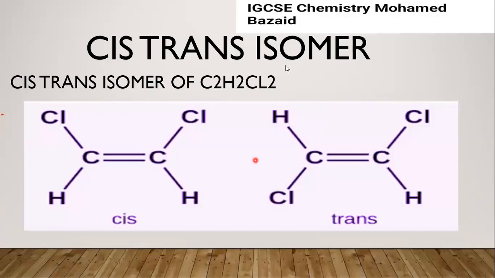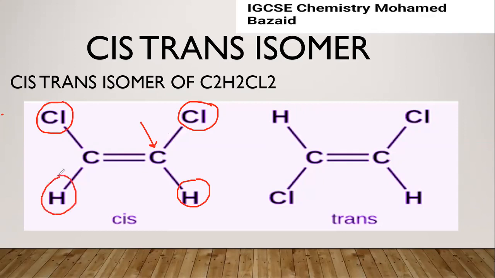In the first one, on the left side, this carbon is connected with chlorine and hydrogen. And the second carbon is connected with chlorine and hydrogen. What did you notice here?